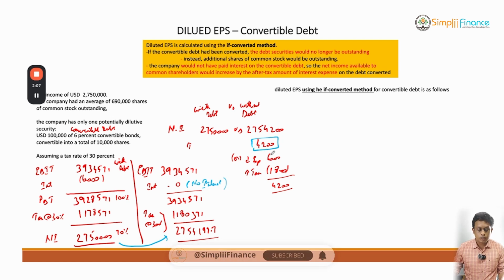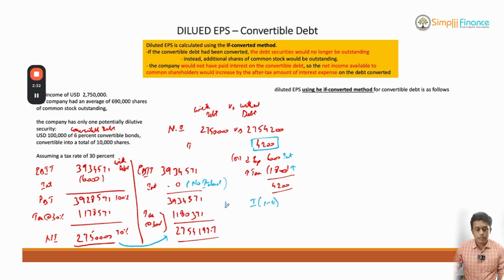This 4,200 can be broken down as the net income should ideally increase by 6,000, that is the interest expense, but because there's no expense, your tax payments also start to increase. So you have a net increase in net profit by 4,200, or simply put, the after tax interest.